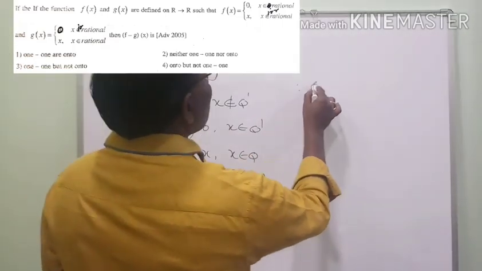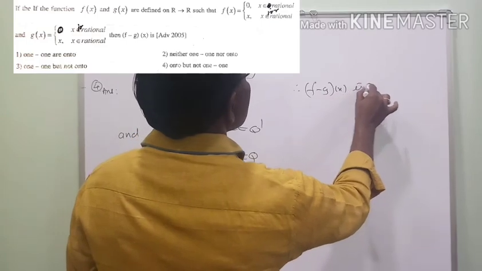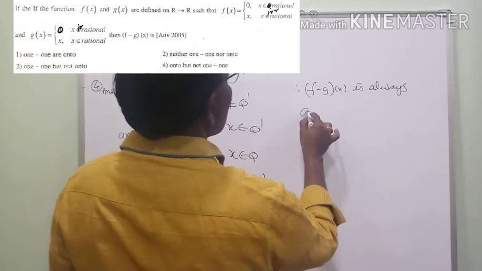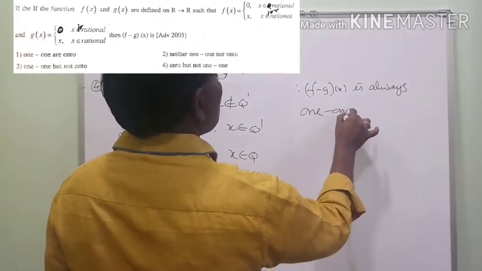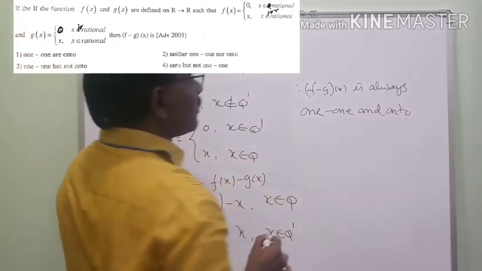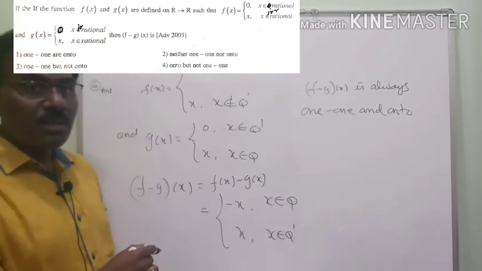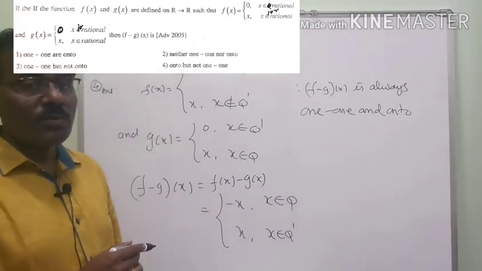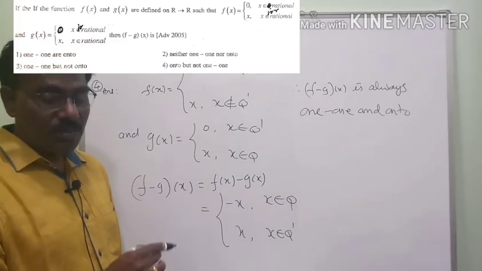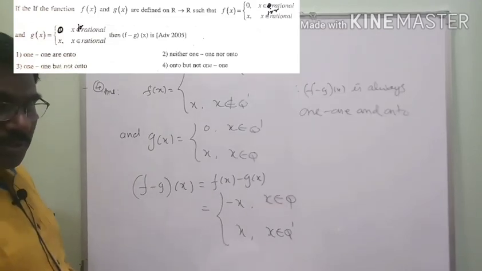Therefore f minus g of x is always 1-1 and onto. Why are you taking that it is always 1-1? Because these two are linear, mapping f from R to R. This is always a bijective function, nothing but 1-1 and onto. The first option is correct. Option 1 is correct. Okay.